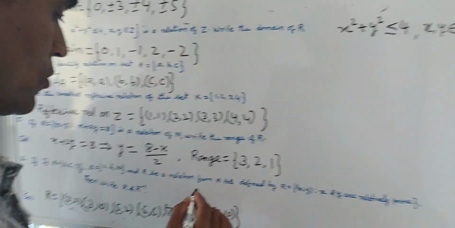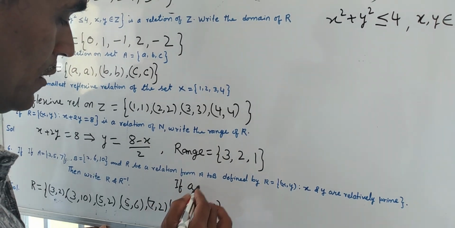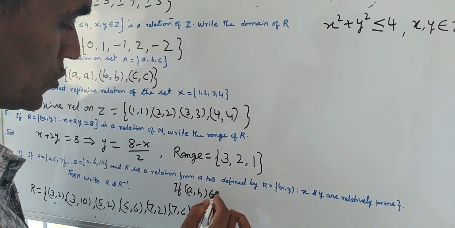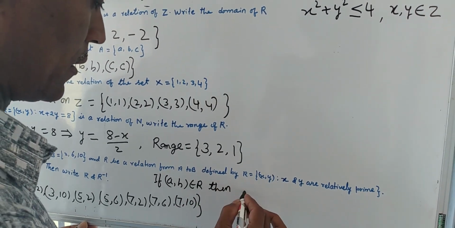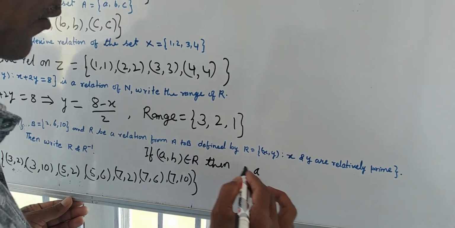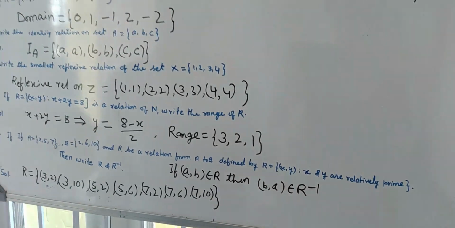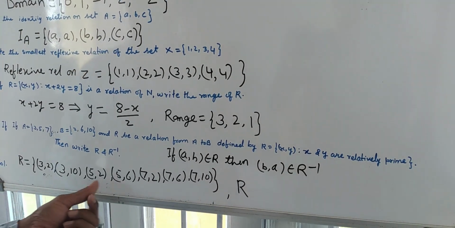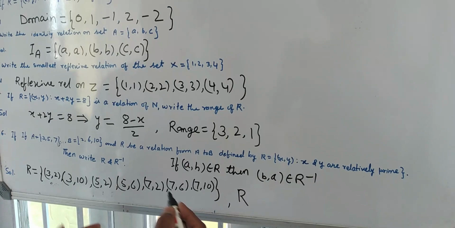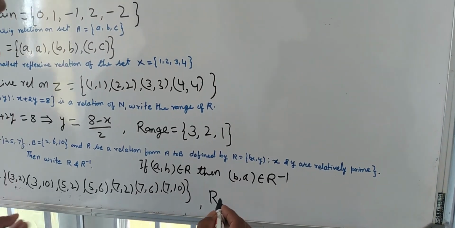You know, if (a, b) belongs to R, then (b, a) belongs to R inverse. So for R inverse, you simply write the elements of R changing the order of the numbers.